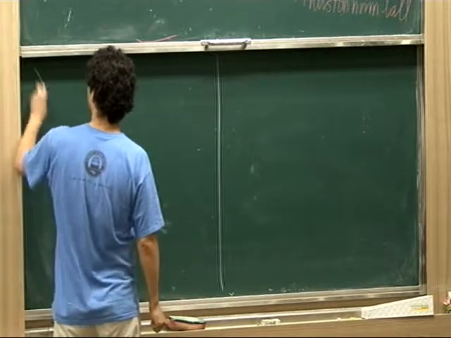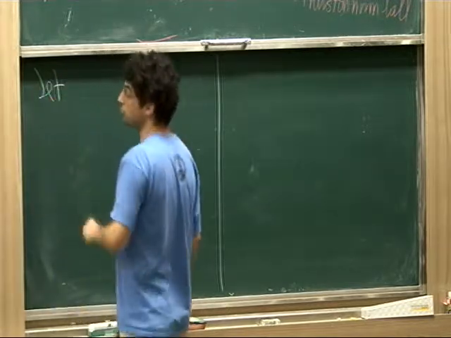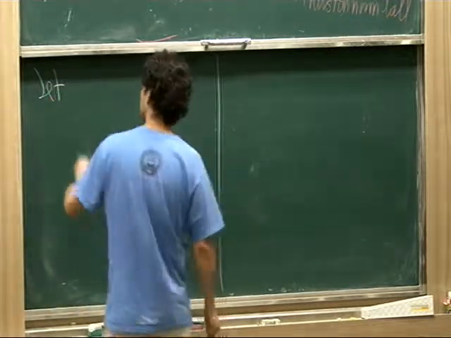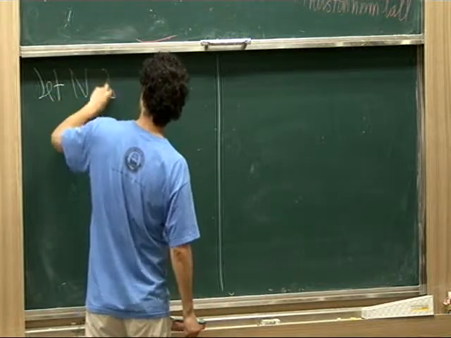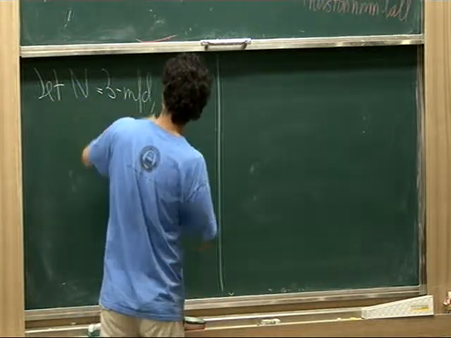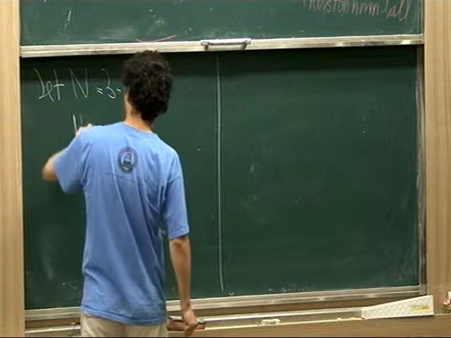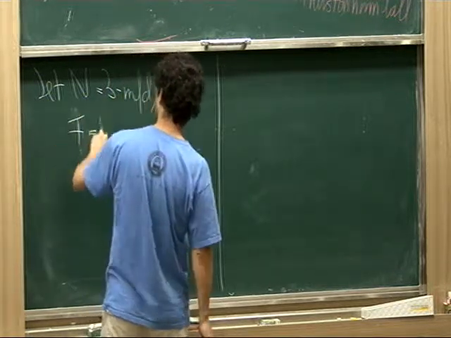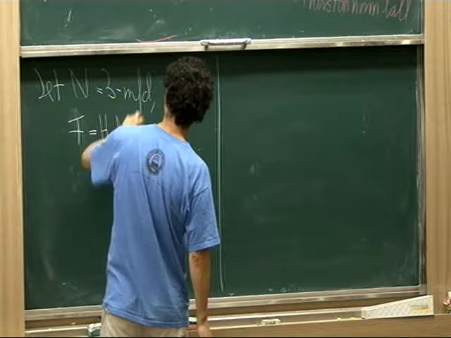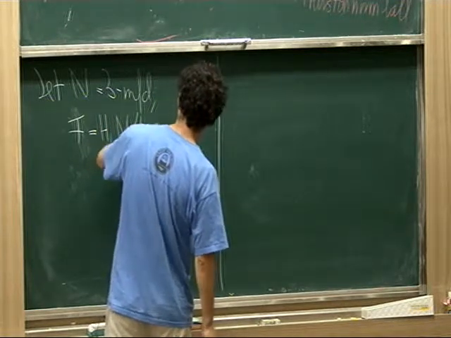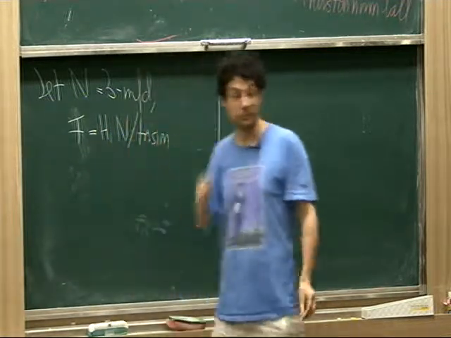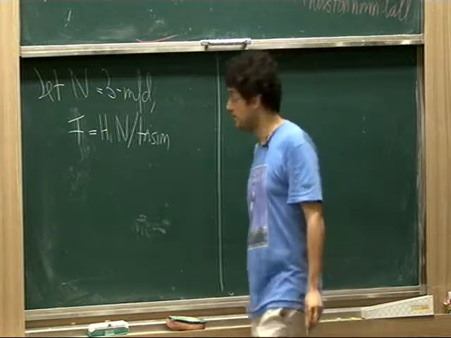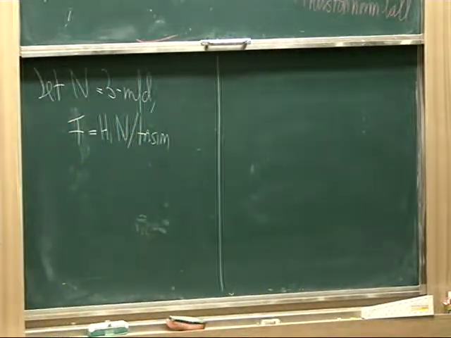So let me give you the definition for 3-manifolds in general. So let N be a 3-manifold, and by F I denote H_1 of N divided by torsion. Okay, so it's just the torsion free part of homology, so it's a free abelian group.